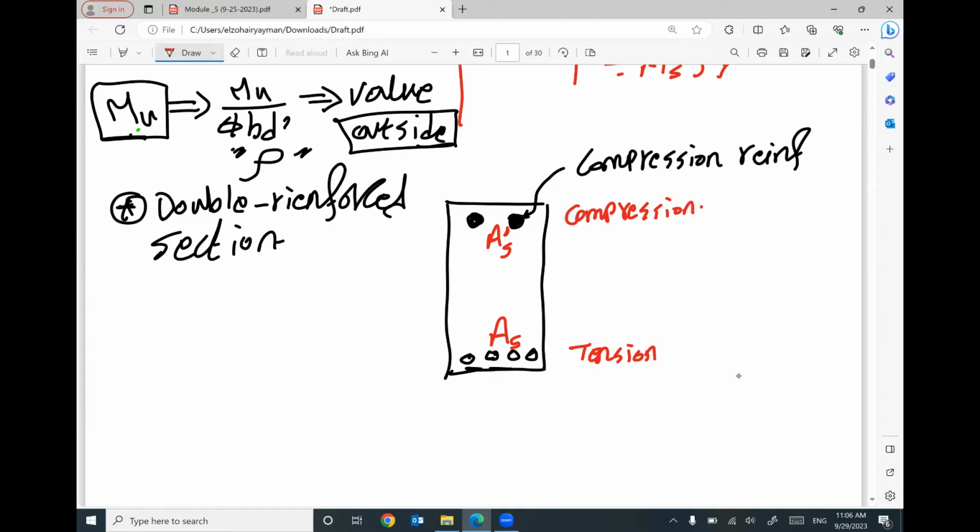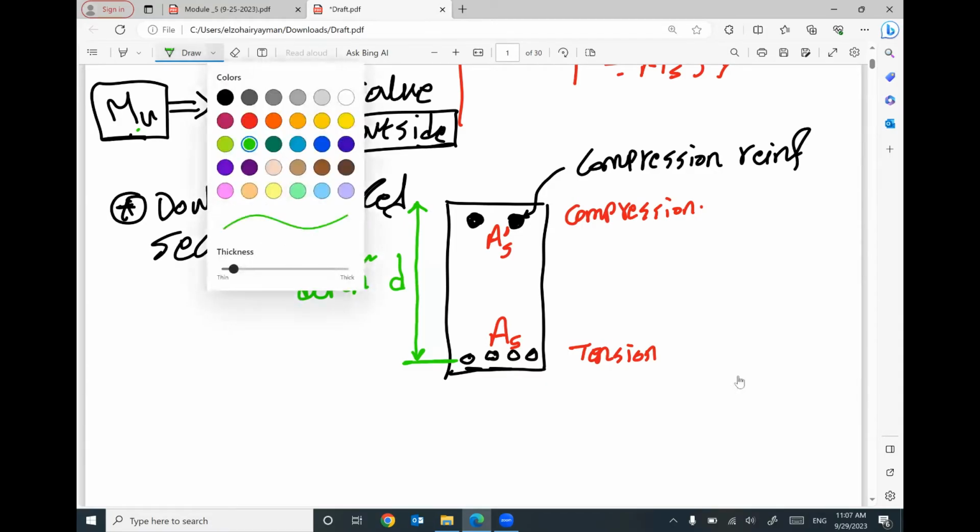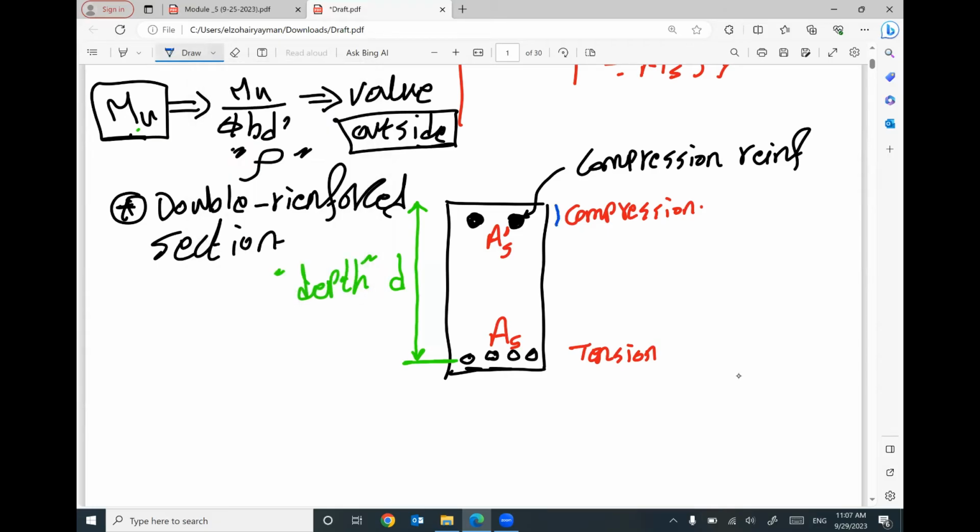There is one more. We have this distance from the top to the tension steel reinforcement, called d. The depth is called the depth of tension reinforcement. We have another symbol here called d prime, which is the depth of compression steel reinforcement.